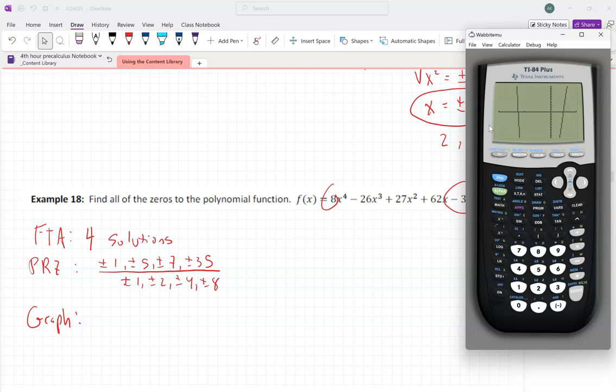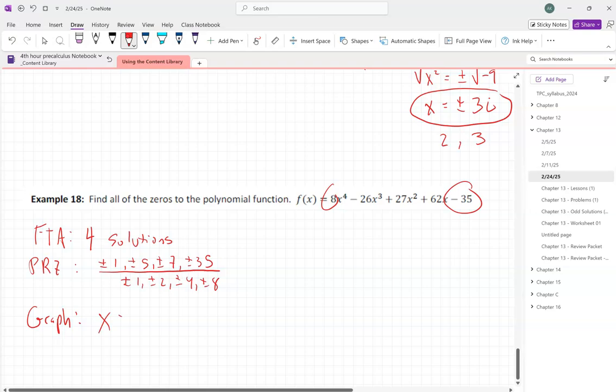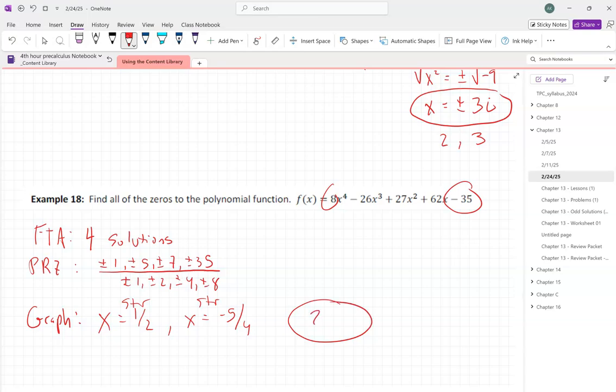I think that's the only thing that's going to be close to that. And again, I notice both of those are just kind of passing straight through. So I know I should be looking for two imaginary solutions here.